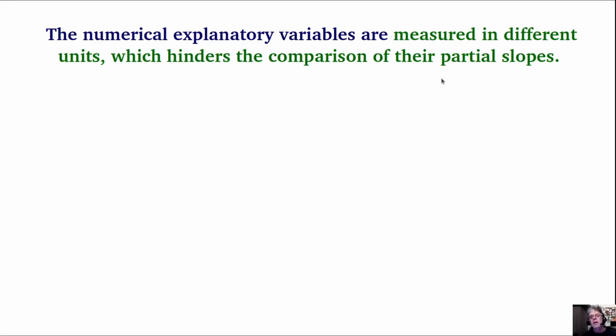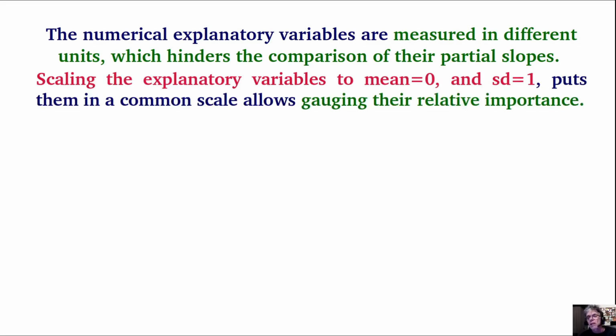So the numerical explanatory variables are all measured in different units, which hinders the numerical comparison of their partial slopes. So scaling the explanatory variables to have mean 0 and standard deviation of 1 solves the problem, by putting them on a common scale, allowing us to gauge the relative importance.